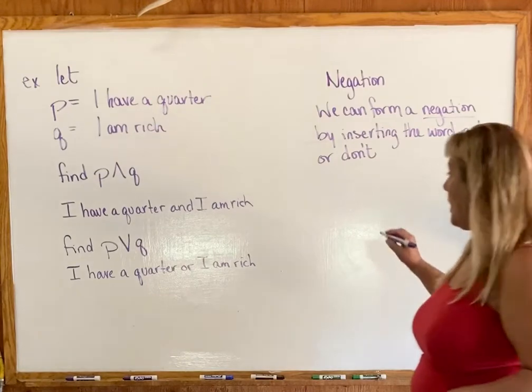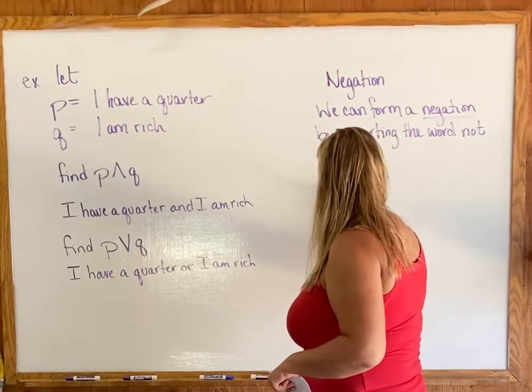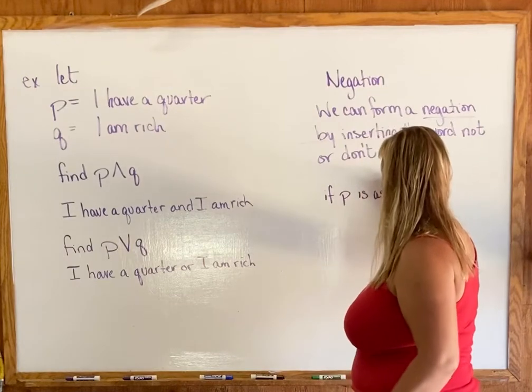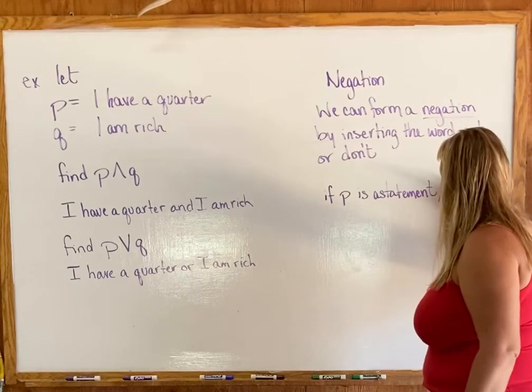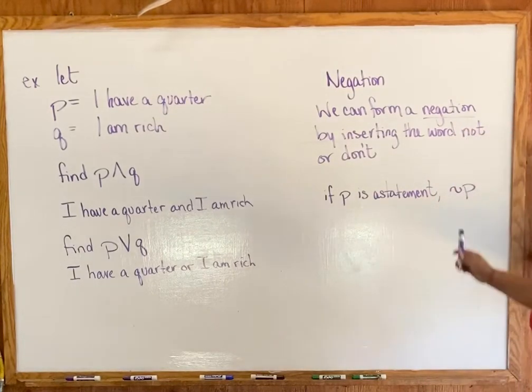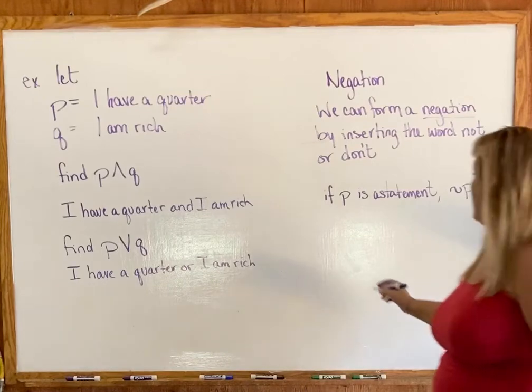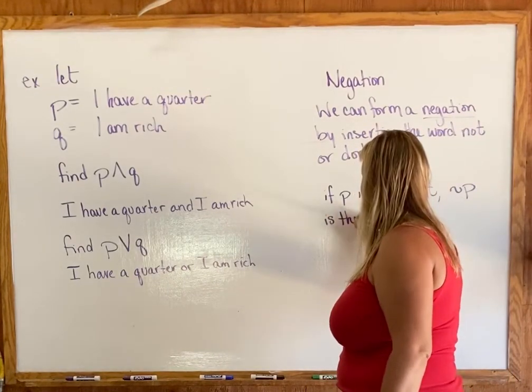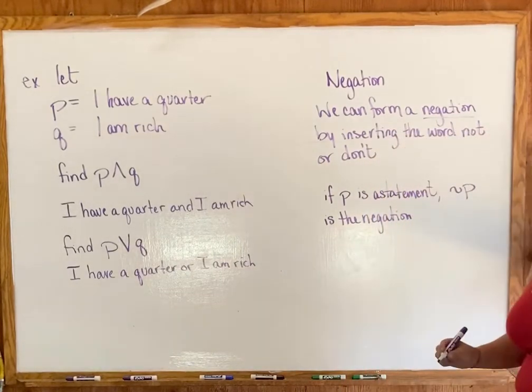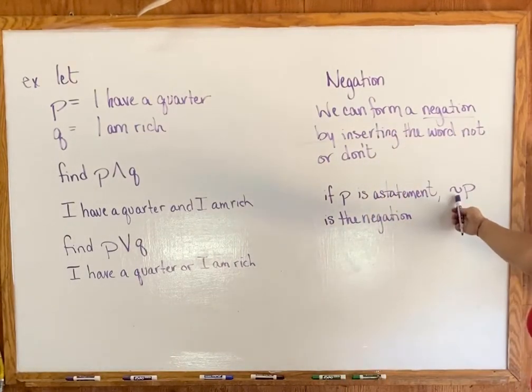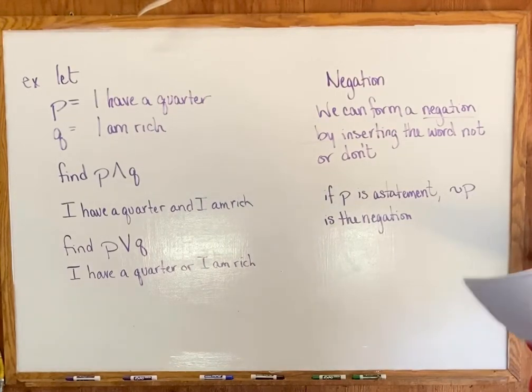So notation wise, we say if P is a statement, the negation of P, okay, so the negation looks like that little squiggle like that. The negation of P is the negation. And we say that not P. Mathematicians are very, very lazy people. So instead of saying the word negation, we just use the word not, okay? So not P. Okay.